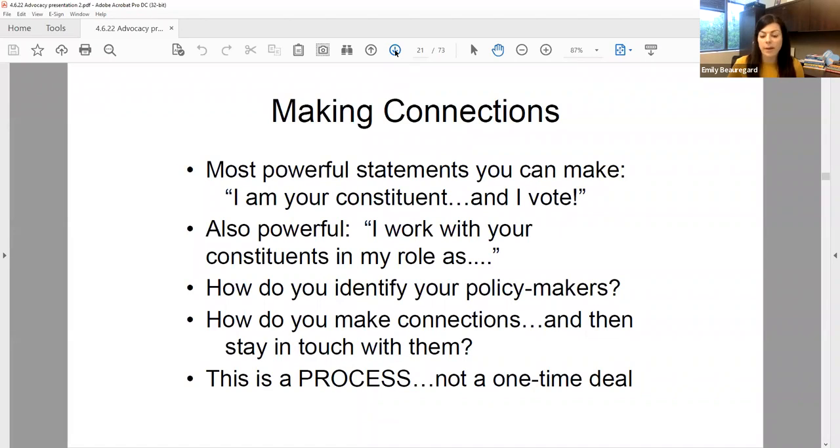And then where do you find your policymakers? There are lots of tools that you can use to find elected officials. Dr. Schuster mentioned the LRC website where you can find any of your state legislators, but you can also find local council members and members of Congress. And then for those non-elected leaders, you are going to want to find out which cabinet they work in or which office or department.